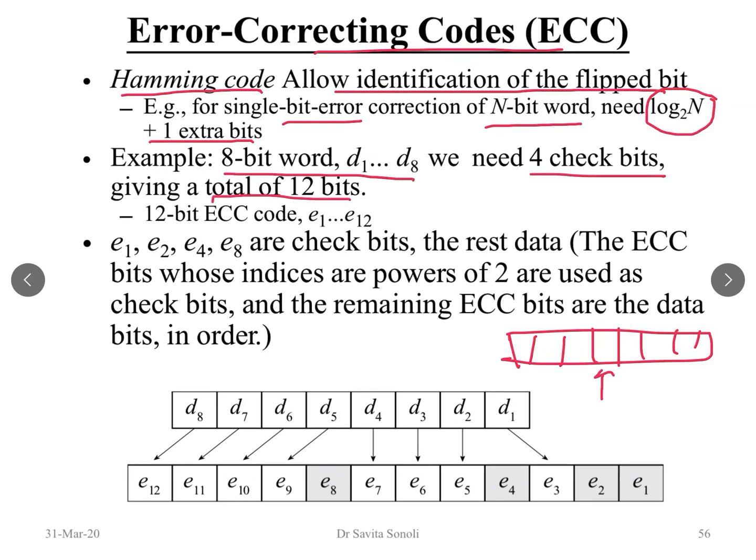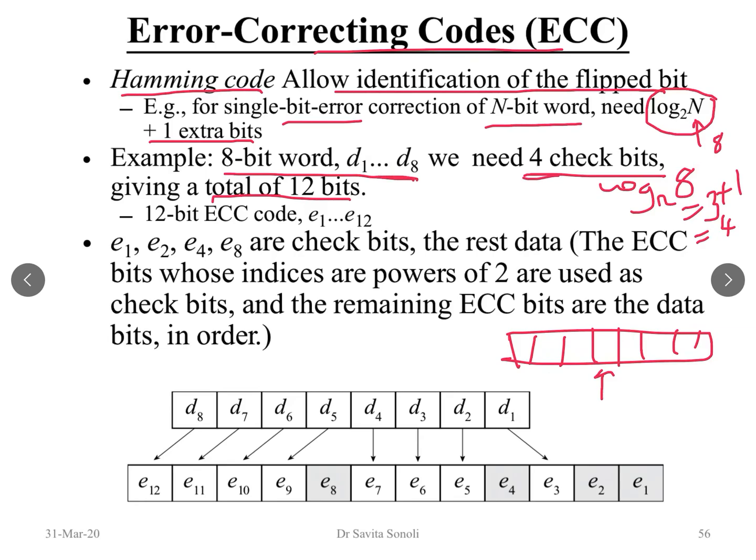How 4 check bits? Log 8 to the base 2 is equal to how much? 3, plus 1 extra bit, that is equal to 4. That's why 4 check bits. So our data bit count n is 8 in our example. That's why log 8 to the base 2 is 3, plus 1, that is equal to 4. That's why along with 8 data bits, we need 4 check bits.